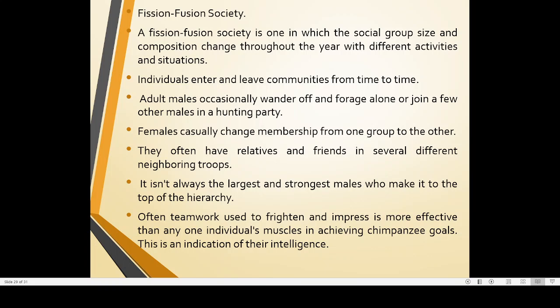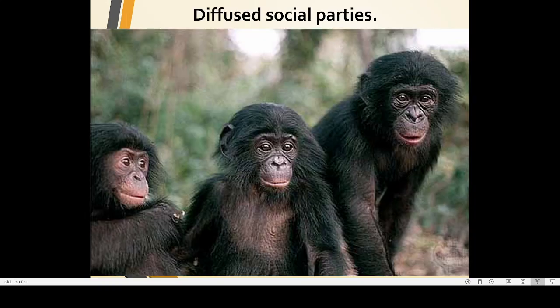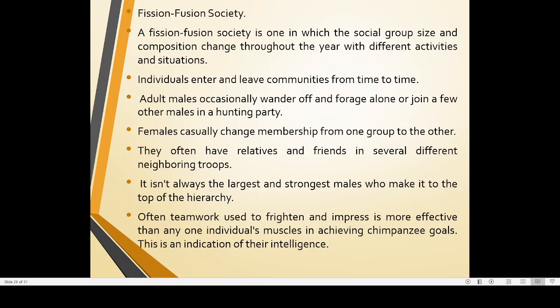Then after some time, they will be living alone, and maybe after 1 month or 2 months or 3 months, these 15 individuals can again come together and form a single group. That is why they split into smaller groupings, and these smaller groupings can again unite or fuse to form a larger group. So it is a fission fusion society, also known as a diffused social party. There is no strict social order.